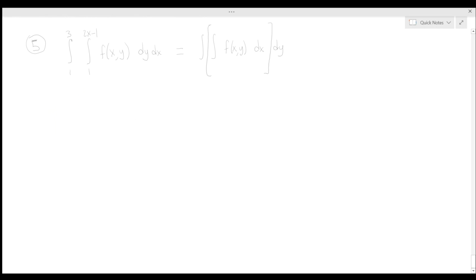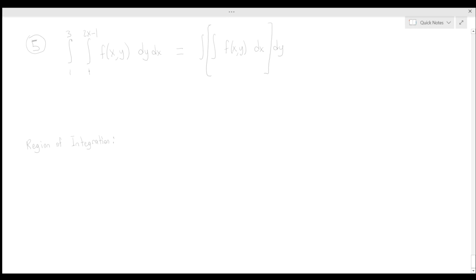The other thing I wanted to emphasize is that when you're getting the region of integration, it only depends on the bounds in your integral, and whatever function you were trying to integrate has no real relation to the region of integration.